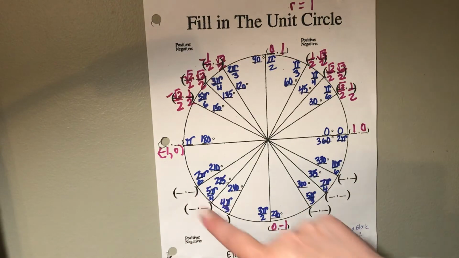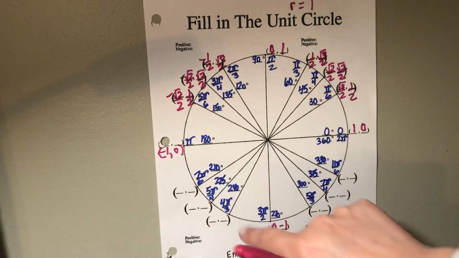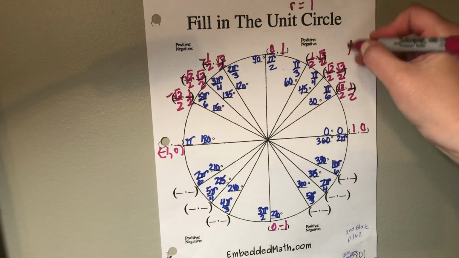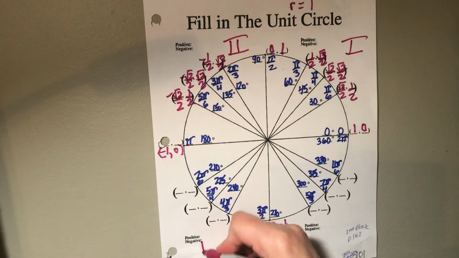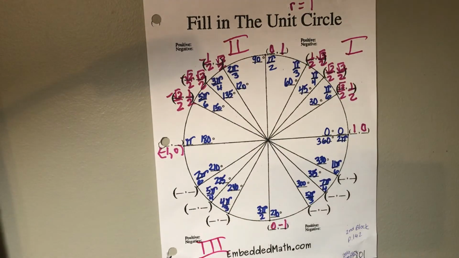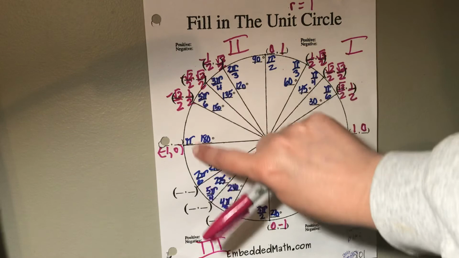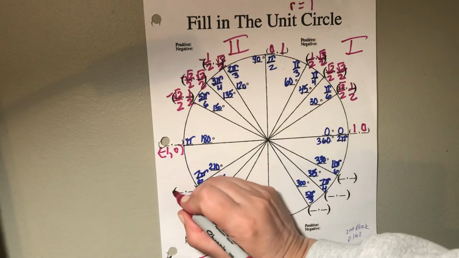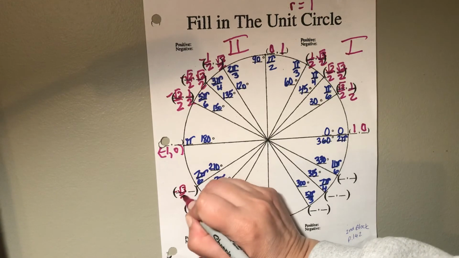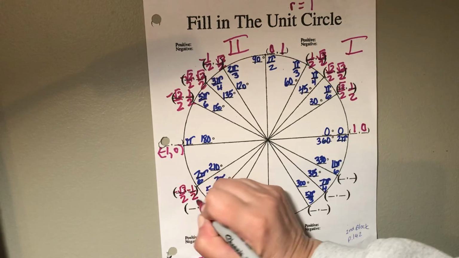When you get to quadrant 3, everything in quadrant 3 is negative. So I'm going to line up with things I've already done. Just make both values negative.